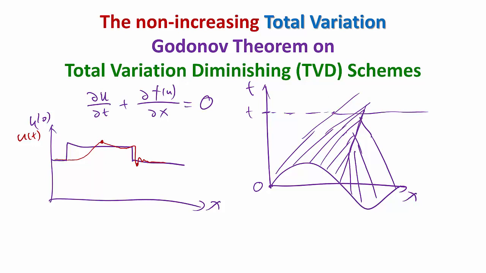If we trace the characteristics at this point, for example, back to time 0, we should find time 0 should already have that solution somewhere. But time equal to 0 doesn't have that solution. So this overshoot and the undershoot is created out of nowhere. It shouldn't be there.